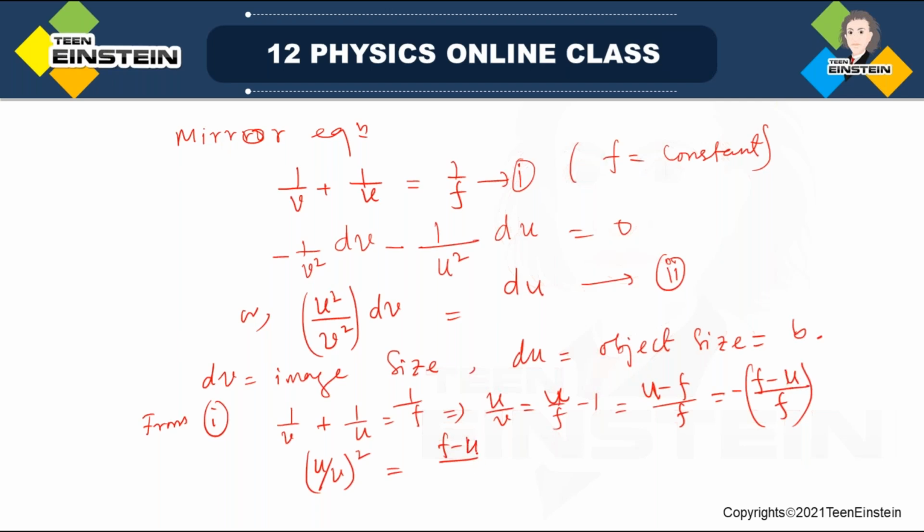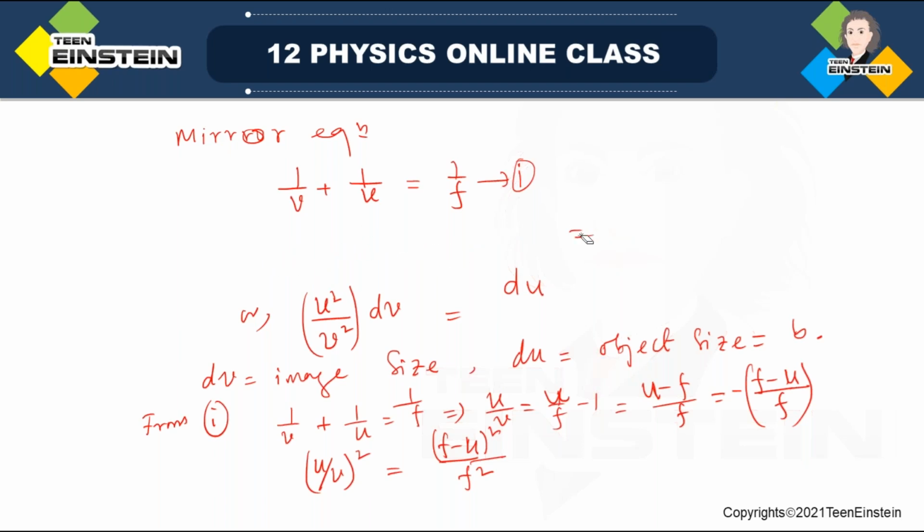Okay, so f minus u whole square, and this is divided by f square. I'll just take help of this particular space. Let me just now ignore this equation this much. I'm just writing it down directly.